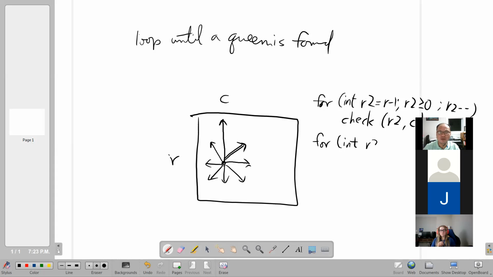Then you have to be careful. R2 equals R minus 1 and C2 equals C plus 1, and you have to remember R2 is greater than or equal to 0 and C2 is less than 8. Then R2 minus minus and C2 plus plus, and so on and so forth. You write 8 of these loops, and you have to be careful for each direction: where you start, which direction you're incrementing, and what you have to check. It's going to be really easy to mess up.